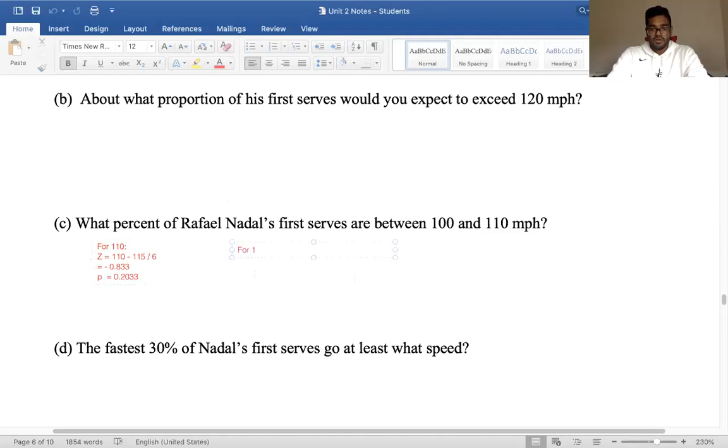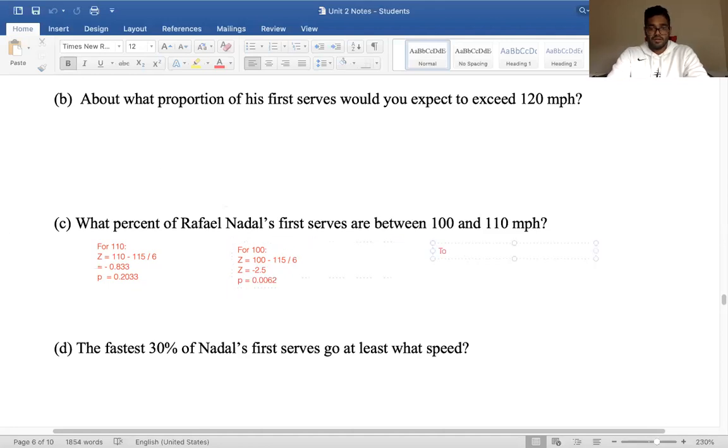For our 100, we have z equals 100 minus 115 divided by 6, which gives you a z value of negative 2.5, a p-value of 0.0062.